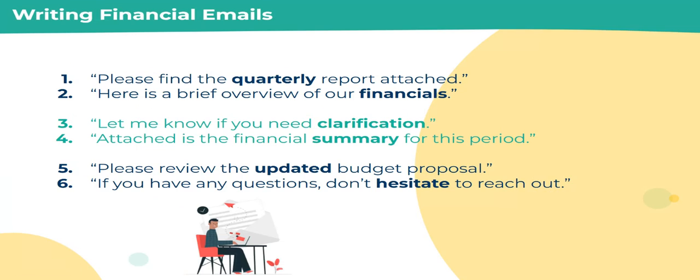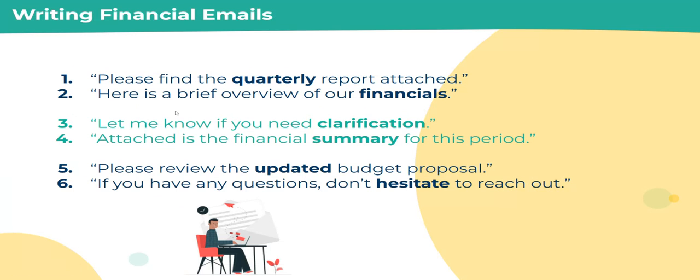Number 3, let me know if you need clarification. Number 4, attached is the financial summary for this period. Number 5, please review the updated budget proposal. And number 6, if you have any questions, don't hesitate to reach out.